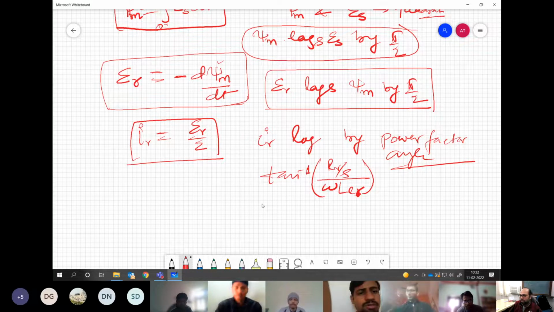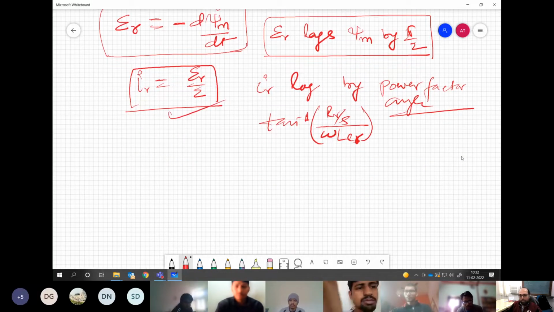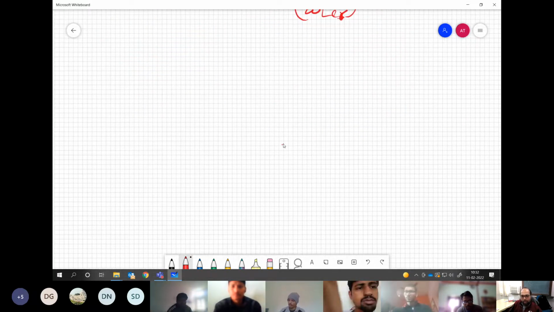Clear? Okay. Now, this is what we have understood for the fundamental component. So then we can draw the phasor. Let us start from the flux, because this is what we know. This is psi m.